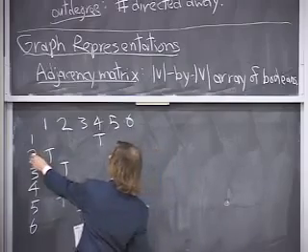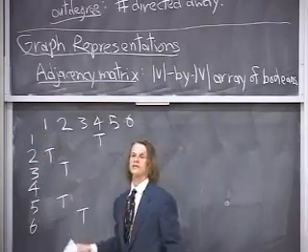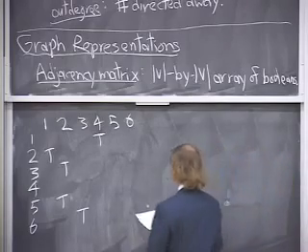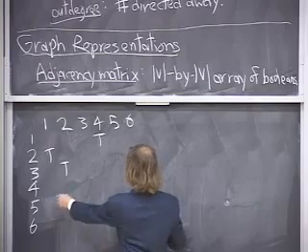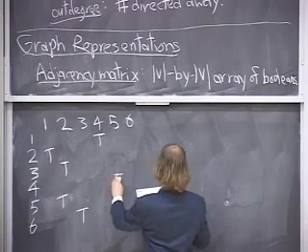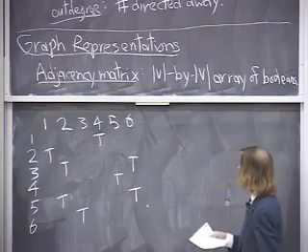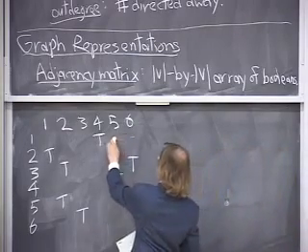So there's an arrow from intersection 2 to intersection 1. So I put a true in that spot in the matrix. And so those are all the trues. Everything else is false.